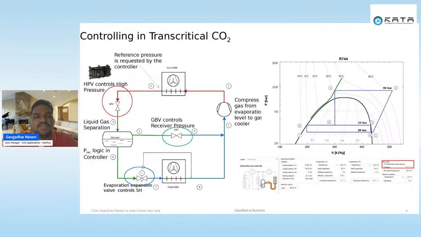This pack controller keeps measuring all the points against the set points we give the system, such as the pressure at the discharge, the receiver pressure, and the evaporator pressure. All of this it is able to maintain and control.